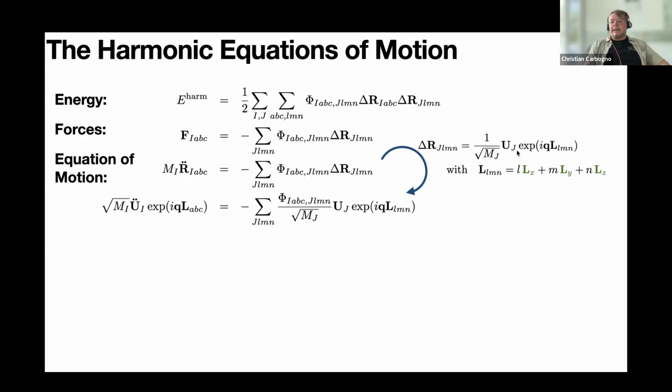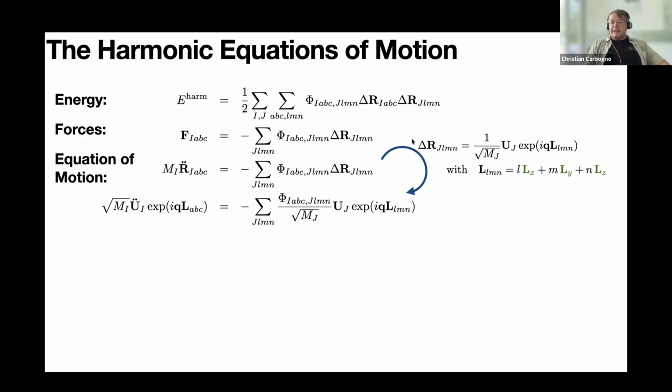So we say the displacement of a certain atom J in different unit cells is related to the displacement of atom J in the unit cell times this phase factor that is driven by the actual lattice vector.